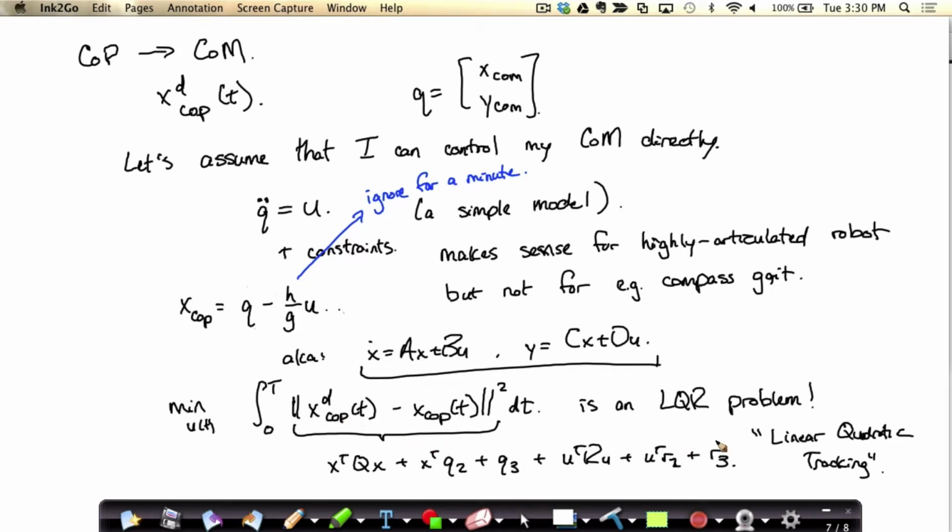So what does this give me out? This tells me, remember, my control input is the acceleration of my center of mass. This says if I have some desired center of pressure trajectory, then I can define the dynamics of my center of mass by solving an LQR problem. The solution of this equation is going to look like an LQR thing, right?